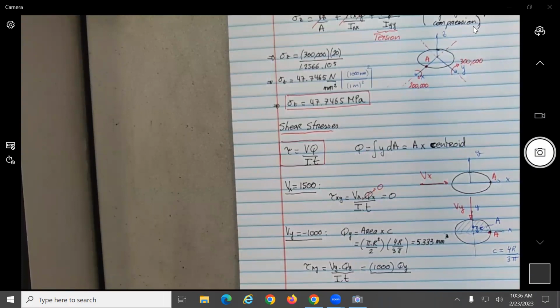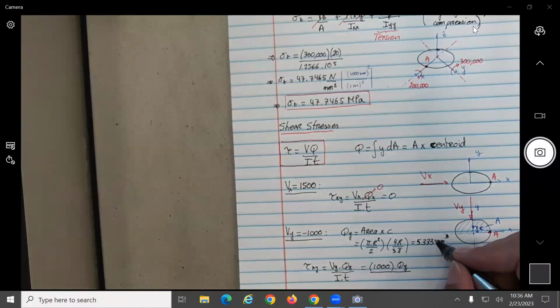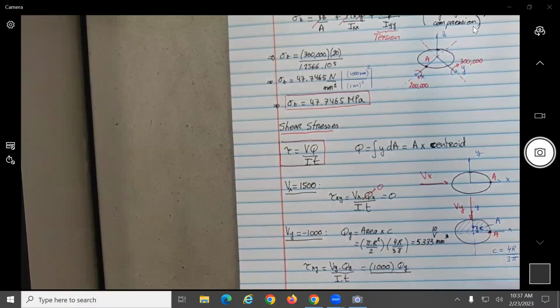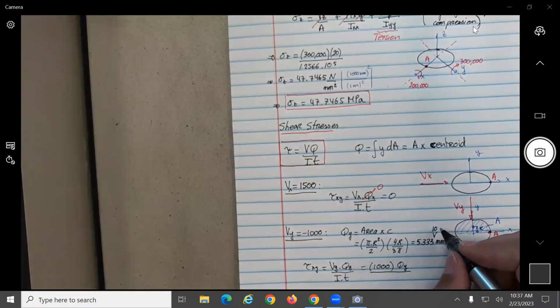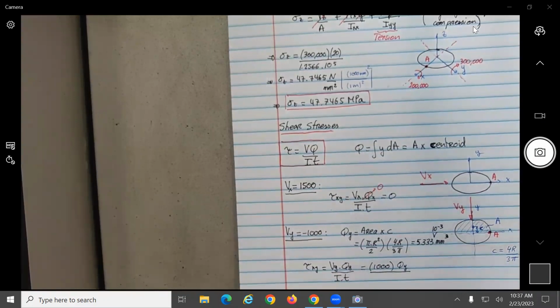So I think 10 to the -3, no? I have 5.33 times 10 to the -6. He's trying to convert it to millimeters. So what did you get in millimeters? Yeah, it's 5.33 times 10 to the -3rd. Okay. All right, thank you.